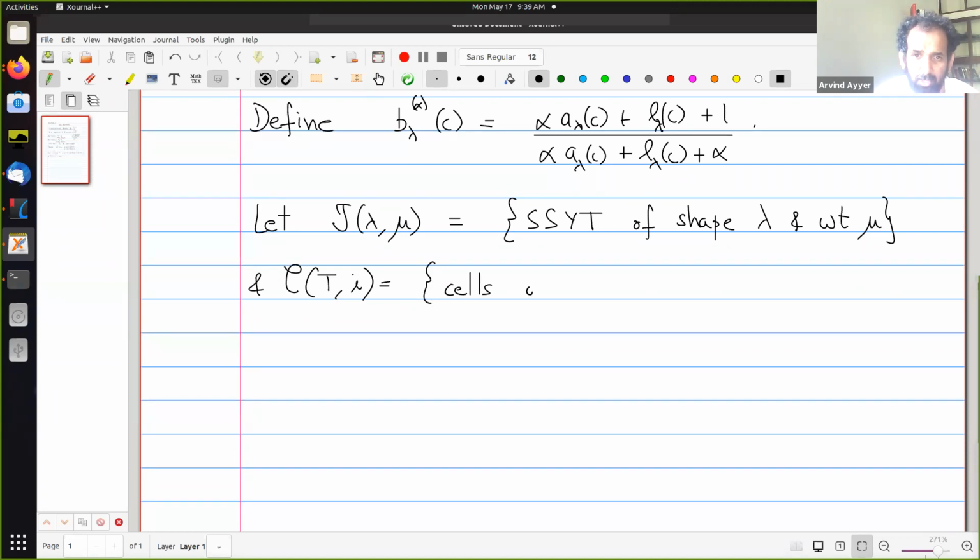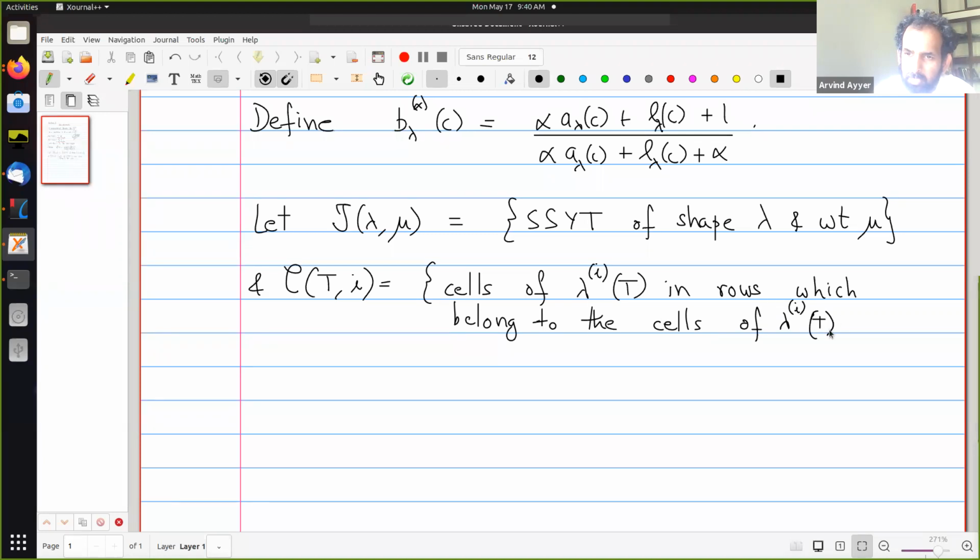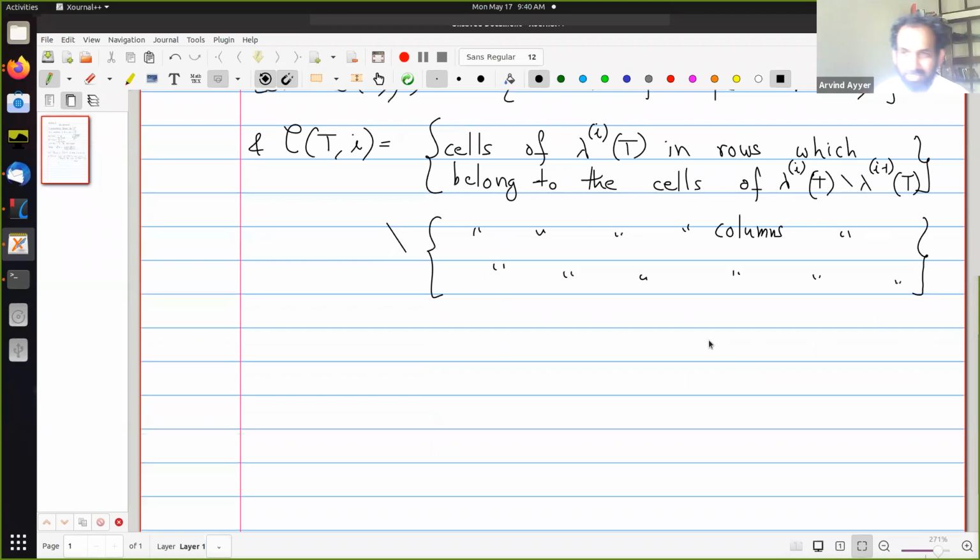These are the cells of lambda i of t, all the cells in lambda which are less than or equal to i in the tableau T, in rows which belong to the cells of lambda i of t minus lambda i minus 1 of t, minus the same thing where you replace rows by columns. It's a bit hairy, so let me give you an example.